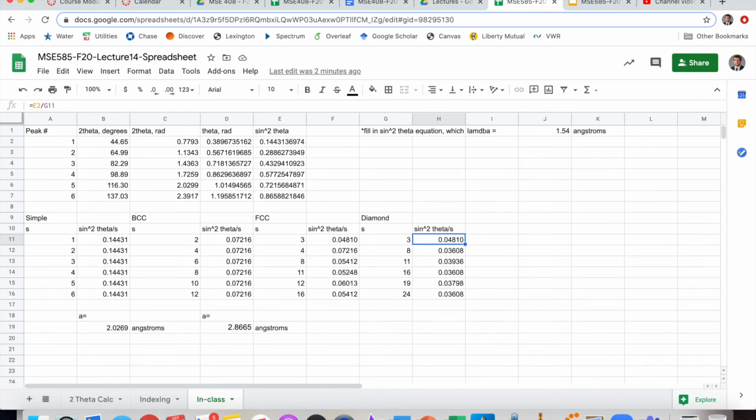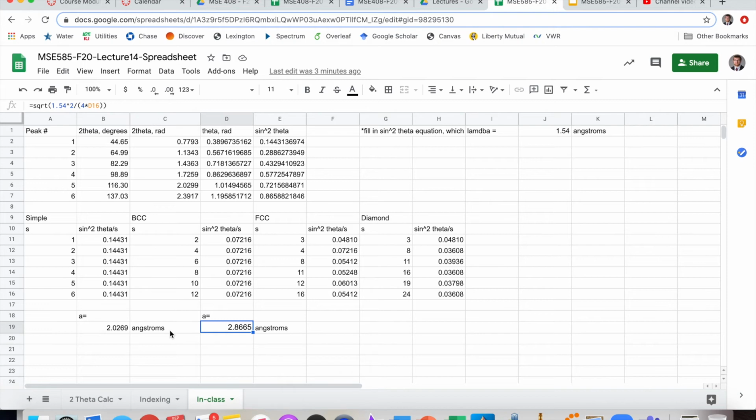All right. So now we've got these values. What I've done here is rearrange the equation to solve for A, assuming my simple cubic assumption is correct, and assuming my BCC assumption is correct. So these are the lattice parameters A for each of those assumptions.